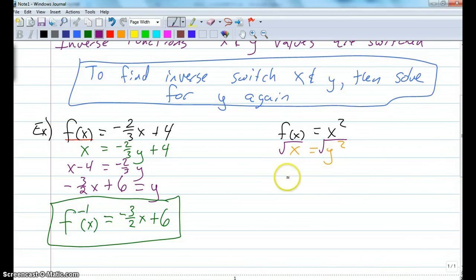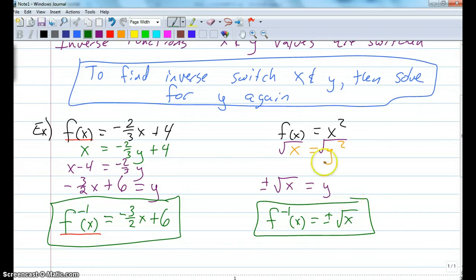So now you got y equals the square root of x. But since I used the square root to solve, I can't forget plus or minus the square root of x. So again, using this inverse notation, the inverse of f of x equals plus or minus root x. So here's f of x, there's the inverse of f of x.